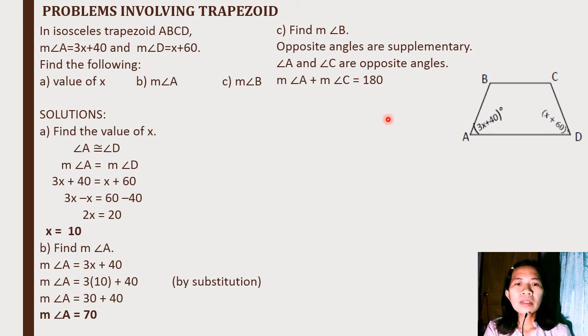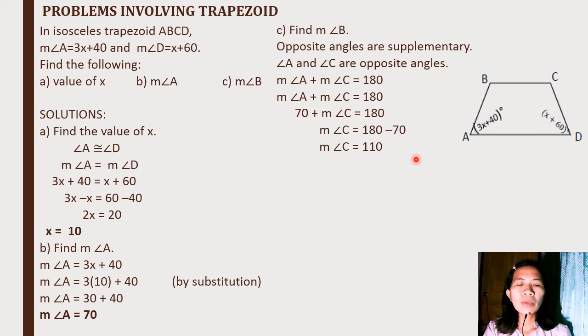Since the measure of angle A is 70 degrees, 70 plus the measure of angle C equals 180. Then we get the additive inverse of positive 70, which is minus 70. So the measure of angle C is 180 minus 70, equals 110. So this is 110 degrees.